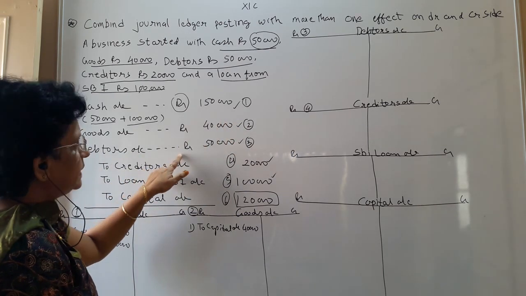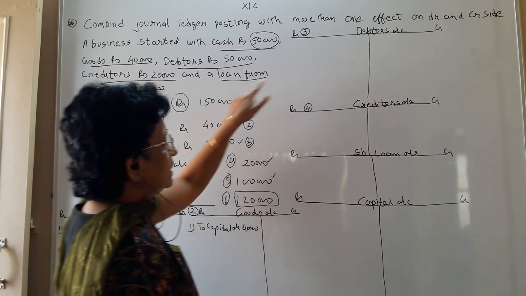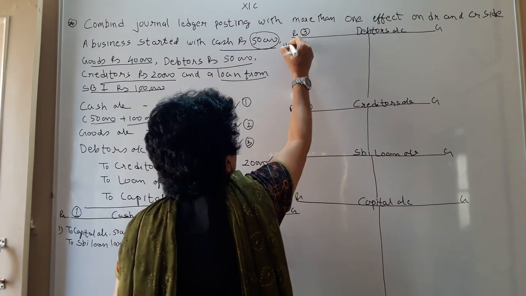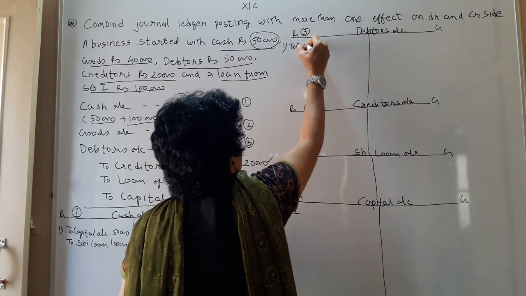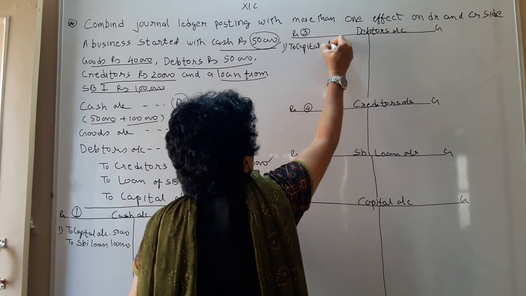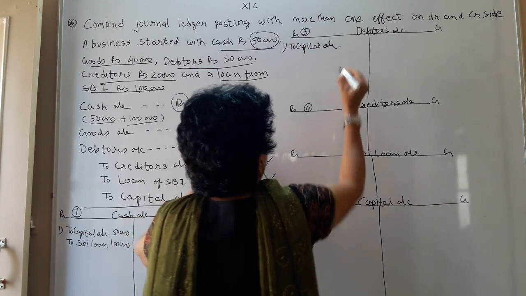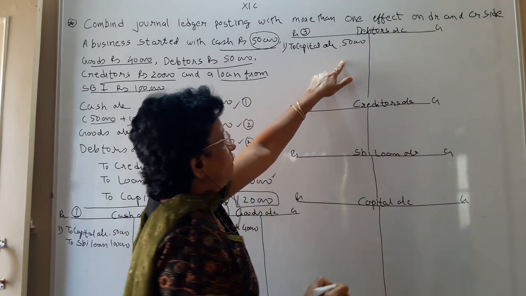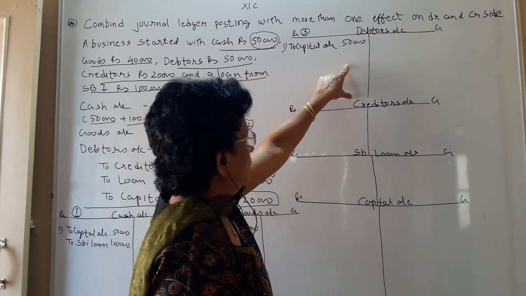Then you have the debtors account. The debtor is also our asset, having a debit balance. So to capital account, the amount of debtors is 50,000. Understood? So 50,000 is to be recorded.